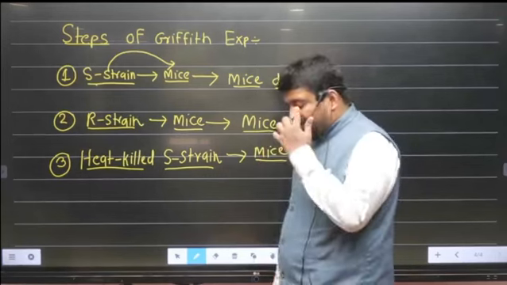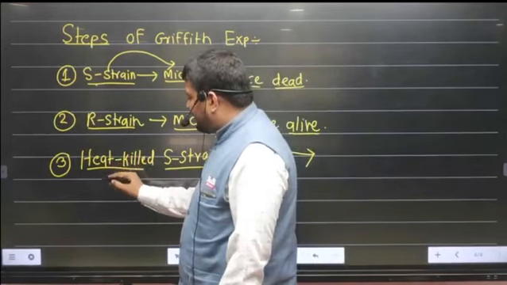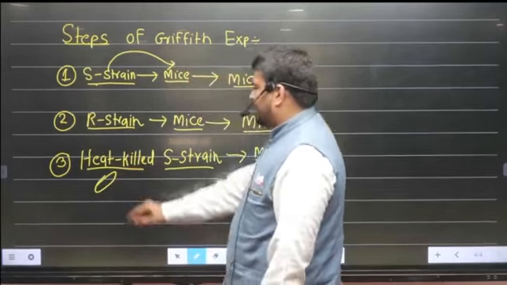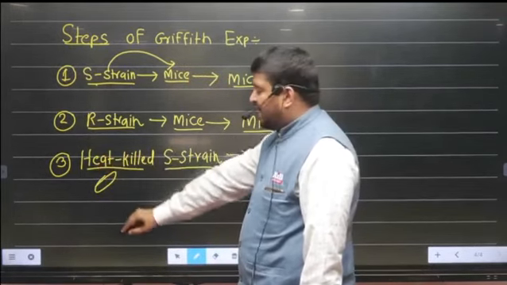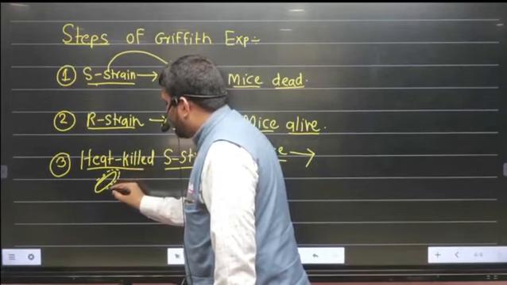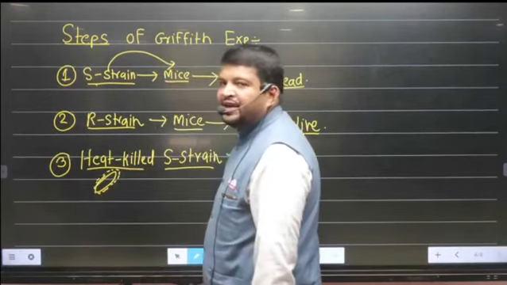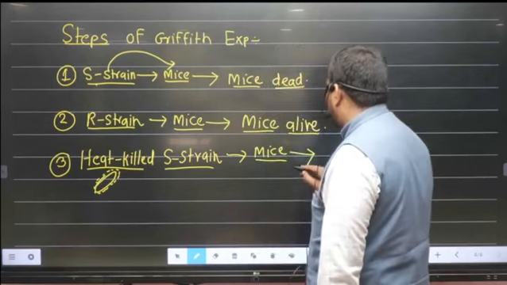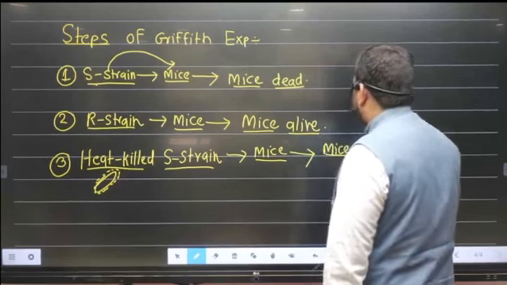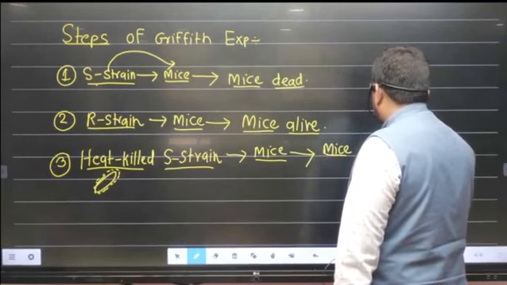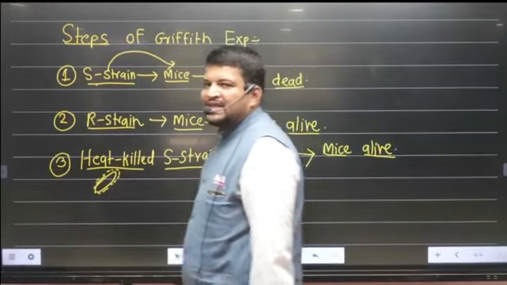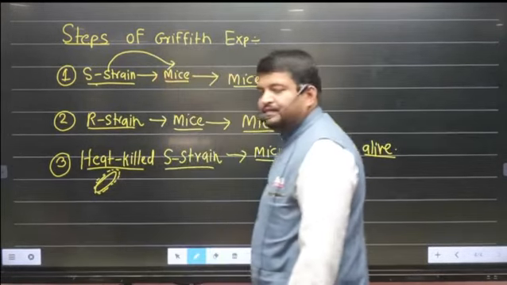But as we know, in this step the S strain was killed with the help of heat, and the capsule layer was destroyed due to the heat treatment, and therefore the mice were unaffected. Death of the mice does not take place in this step.